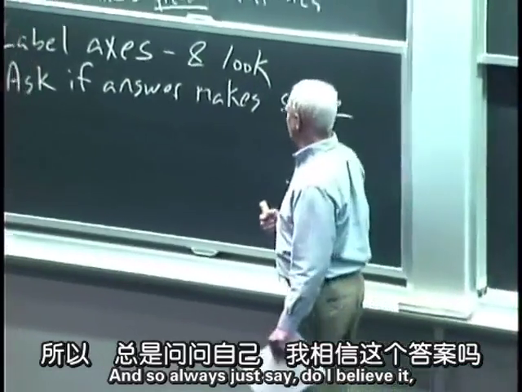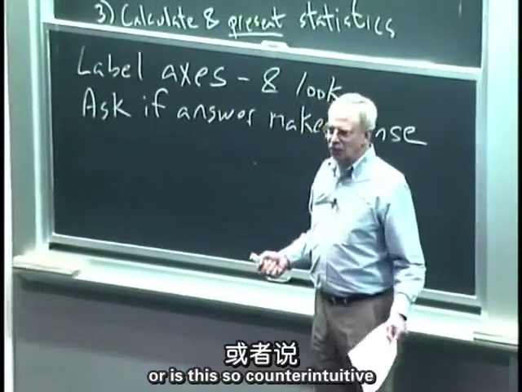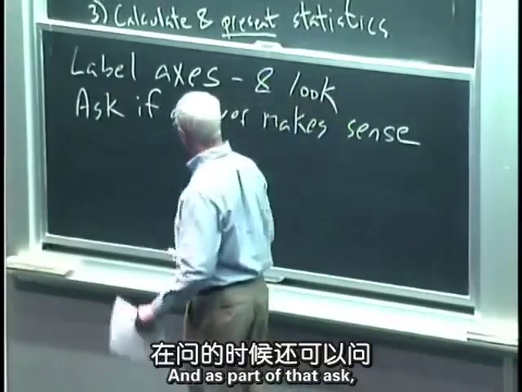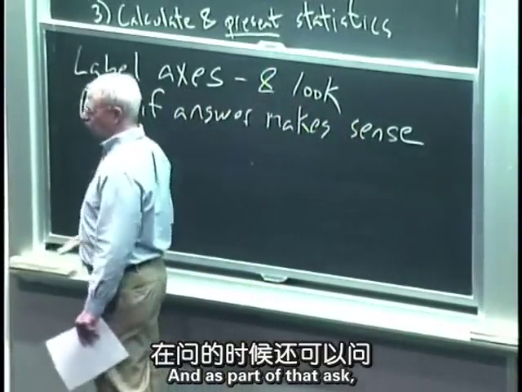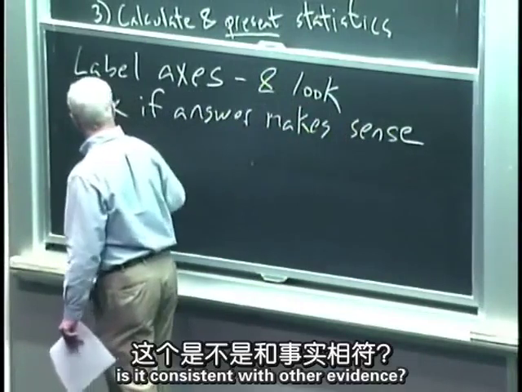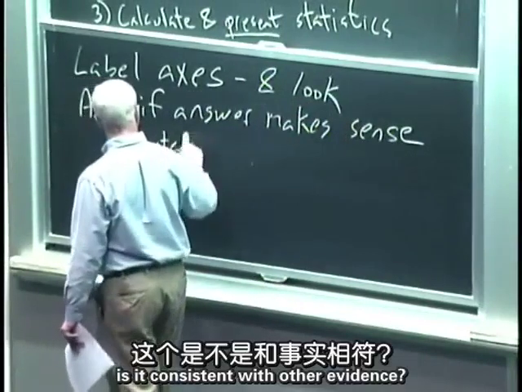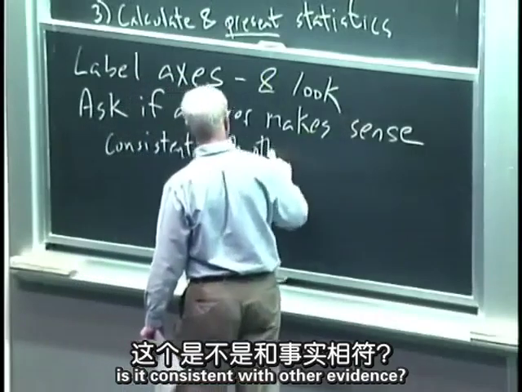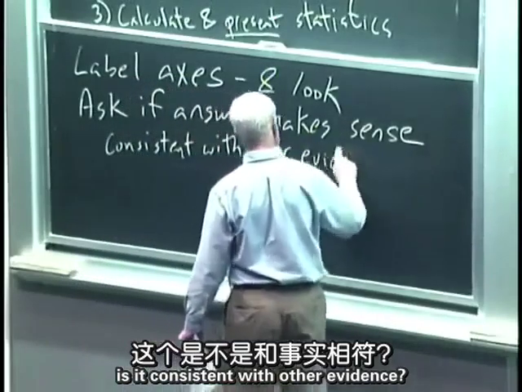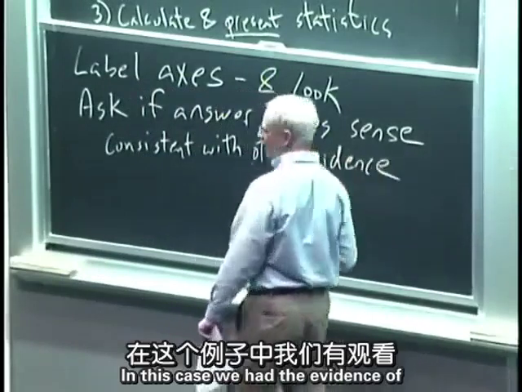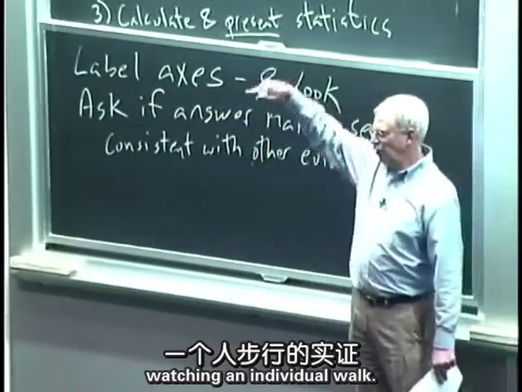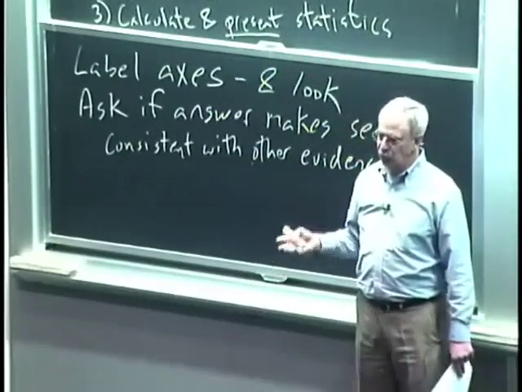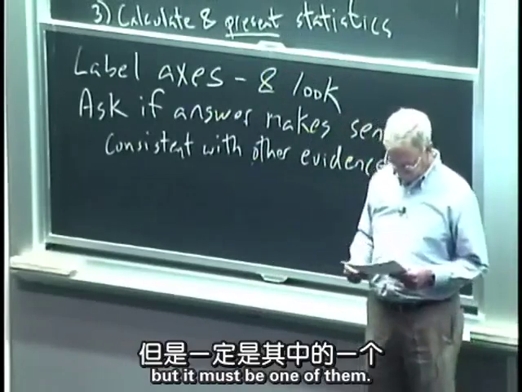And so always just say, do I believe it? Or is this so counterintuitive that I'm suspicious? And as part of that, ask, is it consistent with other evidence? In this case, we had the evidence of watching an individual walk. Say, no, those two things were not consistent. Don't know which is wrong, but it must be one of them.